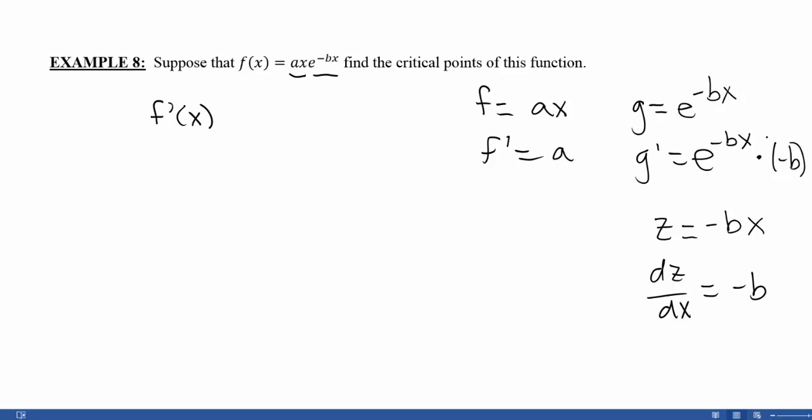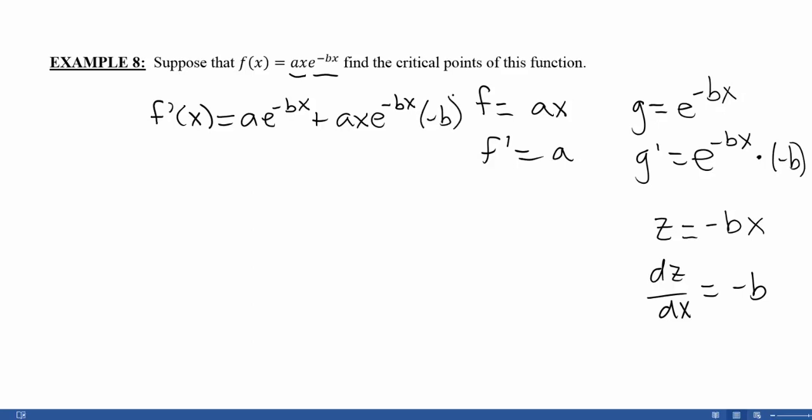So my first derivative here, we're going to do f prime times g. So I have a e to the negative bx plus f times g prime. So ax e to the negative bx times negative b.